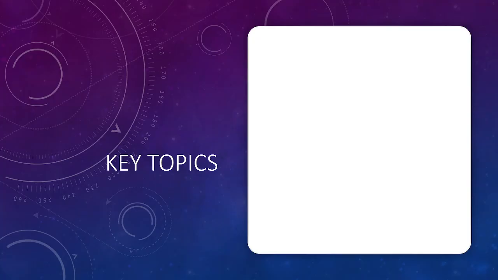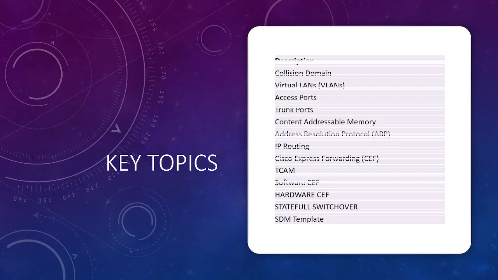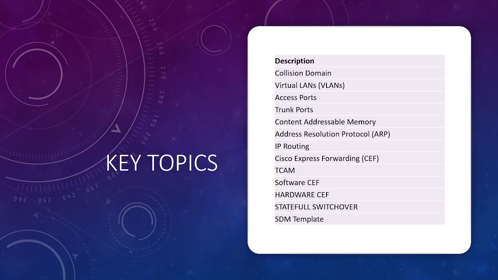So that's all for chapter 1, session 2. Let's discuss the key topics that we covered. We discussed collision domains, VLANs, what an access port and a trunk port are, and how to configure them. We discussed the CAM, ARP, and IP routing: how IP routing happens, especially CEF, what the TCAM table is, and that CEF itself has two types, software CEF and hardware CEF.